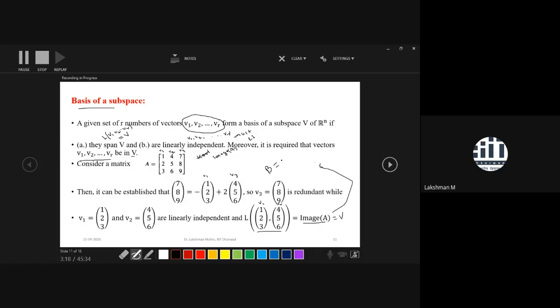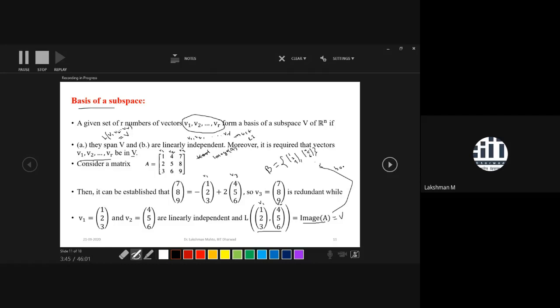One vector is V1, that is 1, 2, 3. Another vector is V2, 4, 5, 6. So these two vectors together form a basis of this image space.